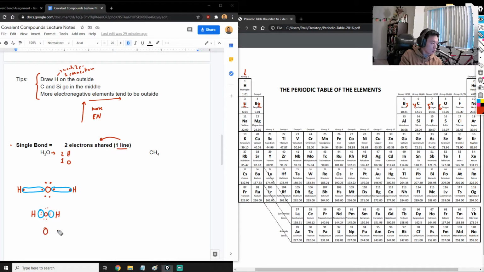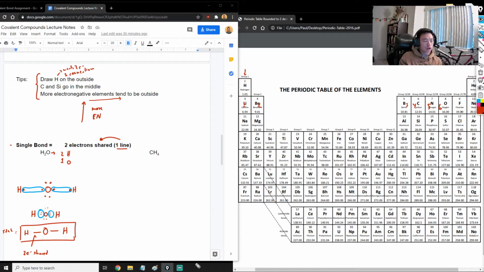So we have O, H, and H, and then we would just draw dashes instead of these shared electrons. So this would be the stick structure right here. Okay, so that's what H2O or a water molecule looks like. It's basically an oxygen sharing electrons with 2 hydrogens. And just remember that these lines represent 2 electrons that are being shared.